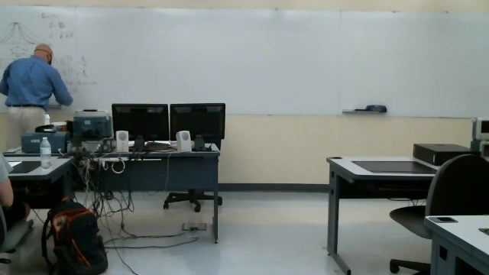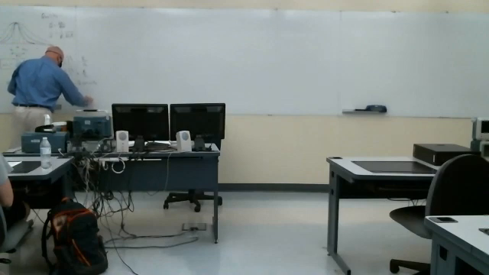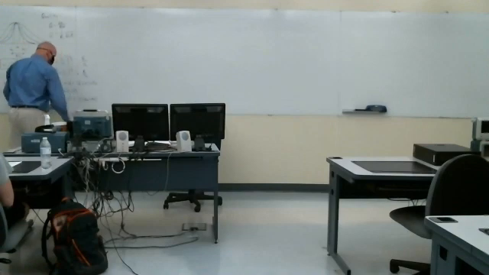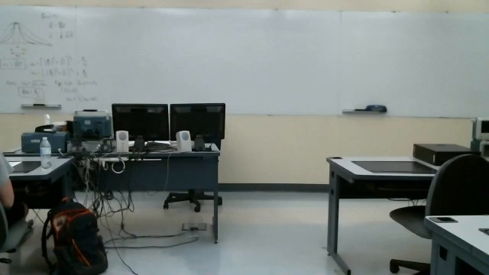But for high Q circuits, omega 0 is approximately, and this is actually a pretty good approximation, the arithmetic mean of omega C1 and omega C2. That's omega 0 is approximately 1/2 the quantity omega C1 plus omega C2. So that's a little easier to work with than this geometric.